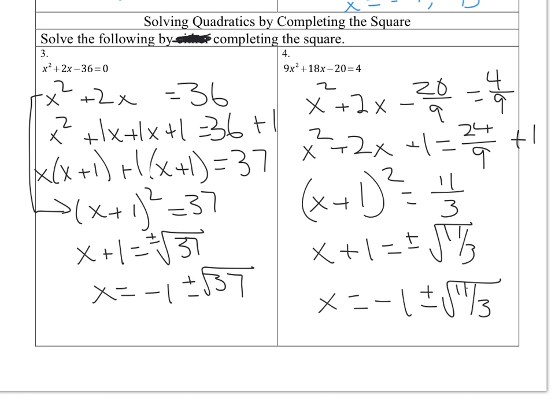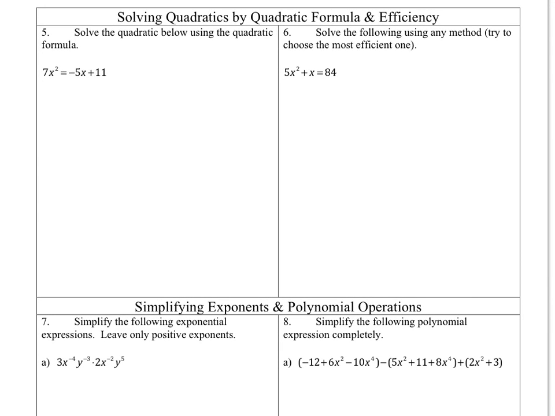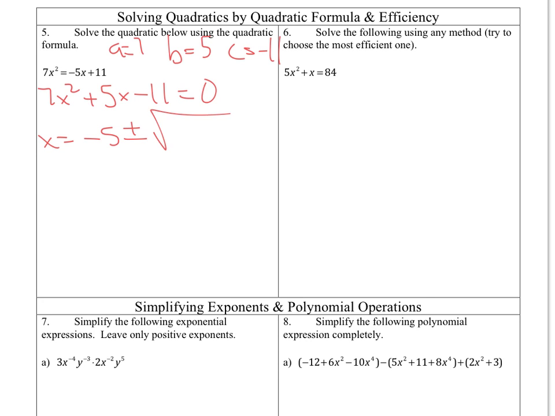Quadratic formula. To do the quadratic formula, I need this thing equal to 0. 7x squared plus 5x minus 11 equals 0. x equals the opposite of b plus or minus the square root of b squared minus 4ac, over 2a, where a equals 7, b equals 5, c equals negative 11.